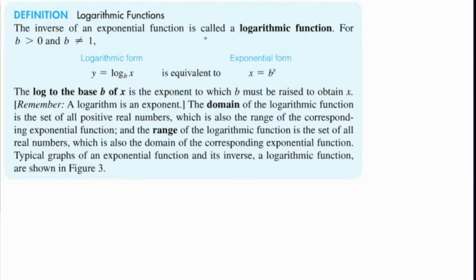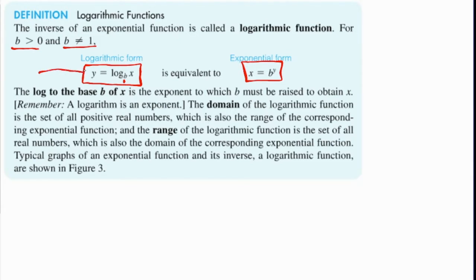The inverse of an exponential function is called a logarithmic function for b greater than 0 and b not equal to 1. So we have the same properties as an exponential function because the logarithms are an inverse to that. So this is the logarithmic form of our equation.